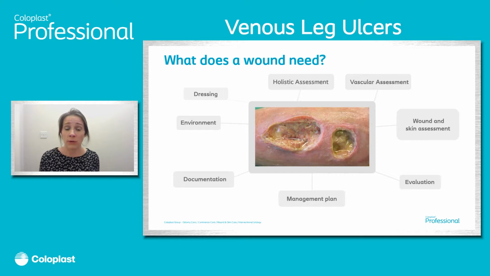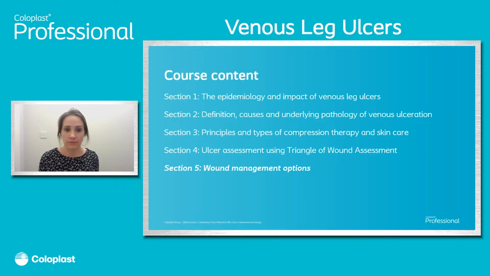Are we taking photographs if we're able to do that and have consent to do that? That helps us to really monitor wounds and monitor the progress or deterioration of a wound. Are we evaluating and re-evaluating our management plan? All things that we should be doing as part of our wound management and assessment.